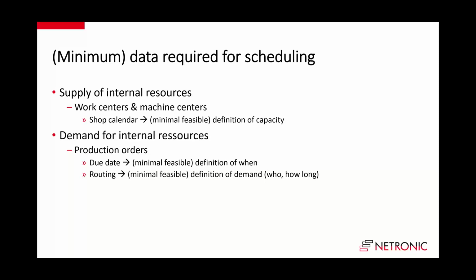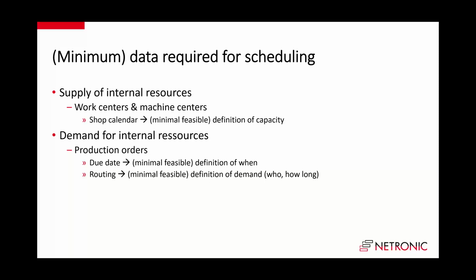These production orders should have a due date, as this is the minimal feasible definition of when. The nice thing with Business Central is the due date is populated automatically, so don't care about it in the first go. And what is really important, you need to have a routing, because the routing gives you the minimal feasible definition of the demand, of the who and the how long.